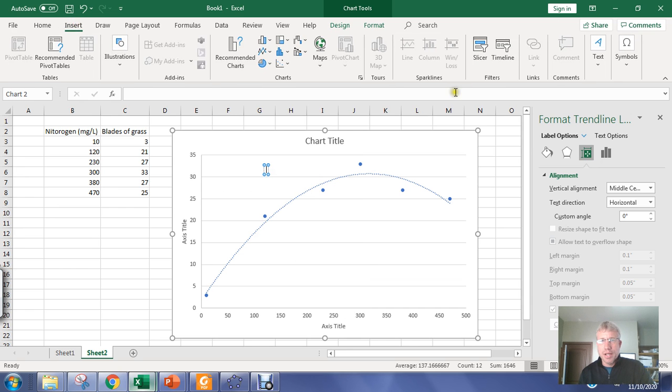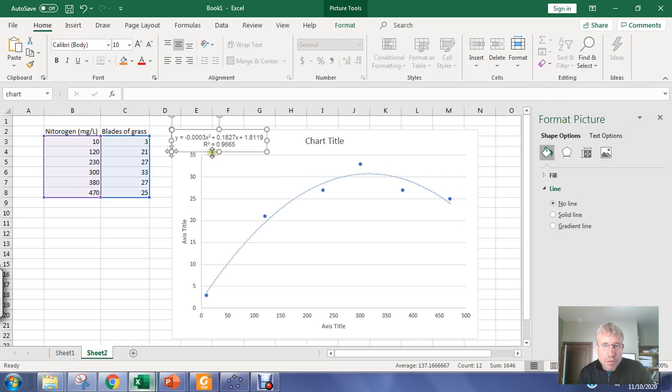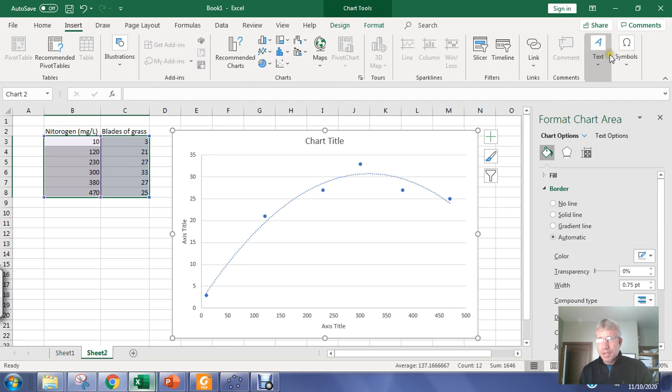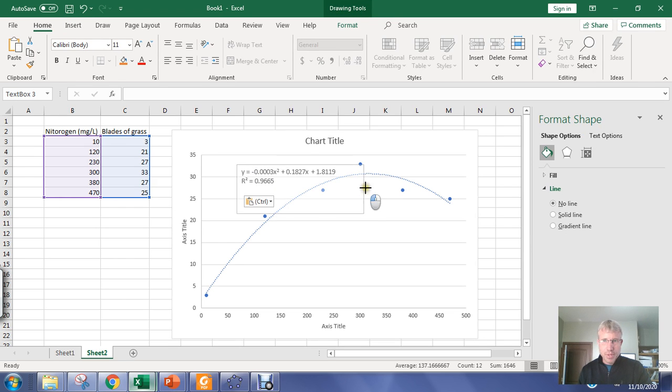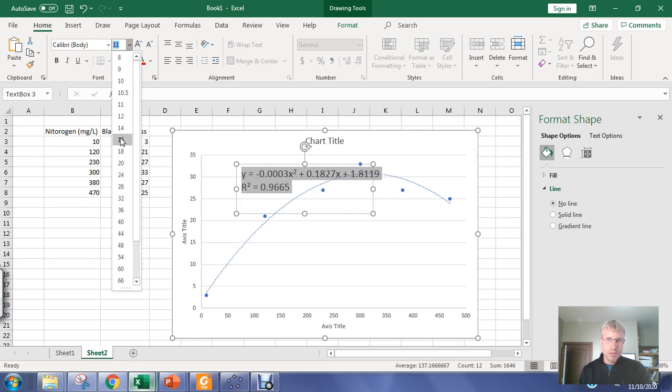Let me insert a text box. The text box isn't playing nicely with me. Insert a text box. There we go. Let's get the font a little bit larger so that we can actually see it.